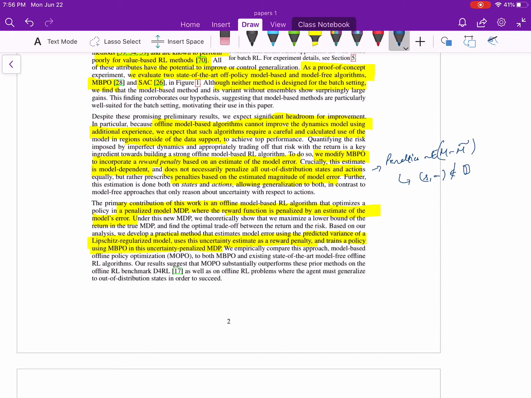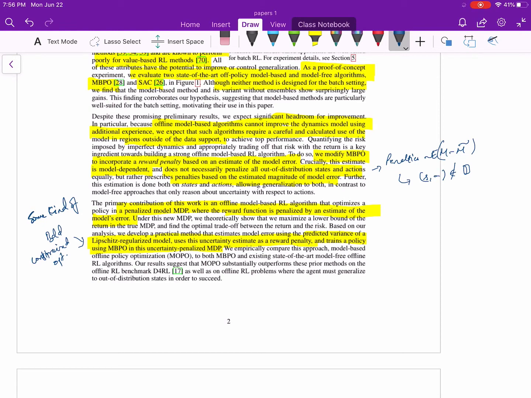So this is some kind of bounded constraint optimization. So let's see forward how it goes.